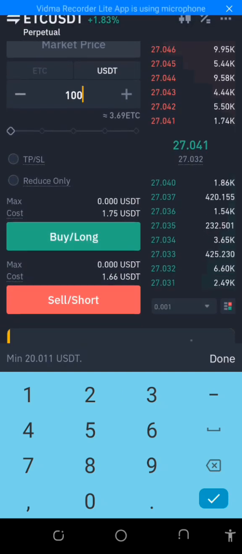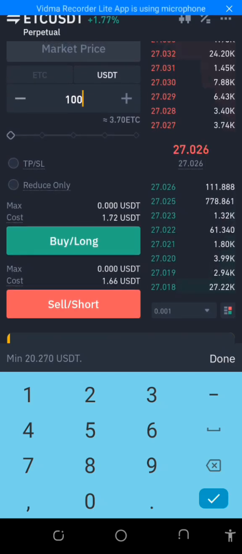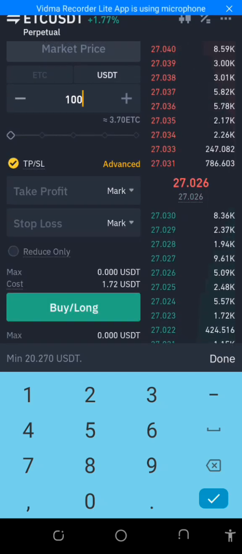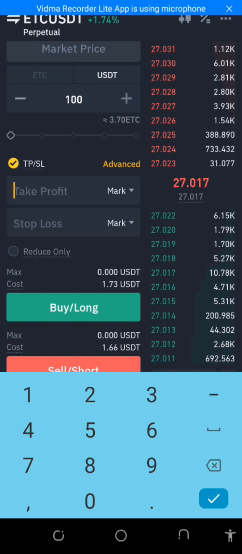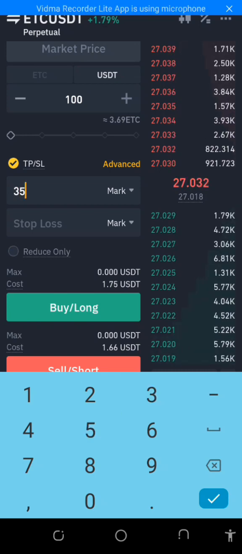Once I'm done with my analysis, I will click on this place where they wrote TP and SL. That means take profit and stop loss. So I will look at where to take my profit. I said it's 35, and then stop loss, let me say when the trade goes against me to like 25. All right.